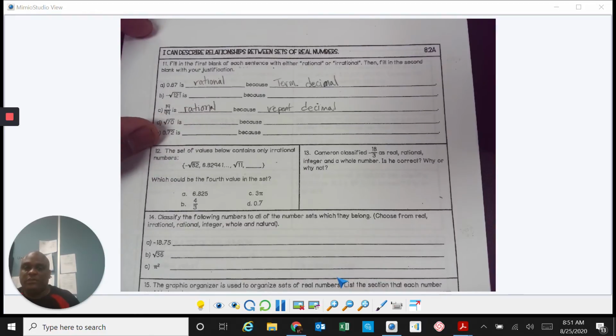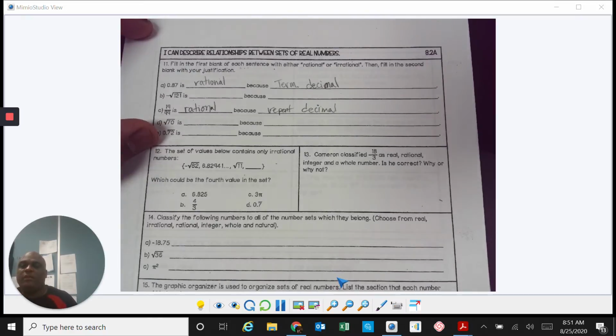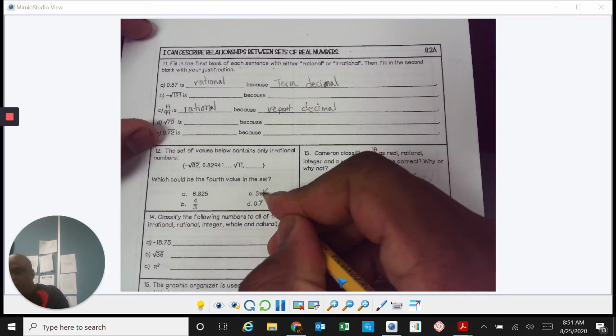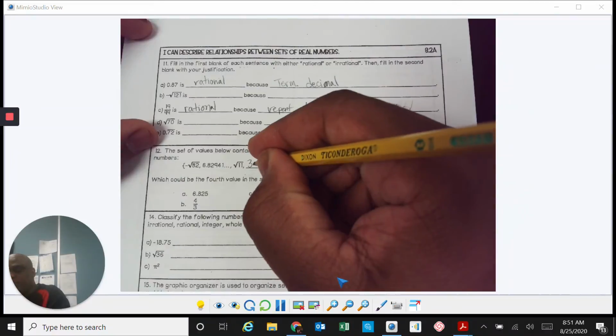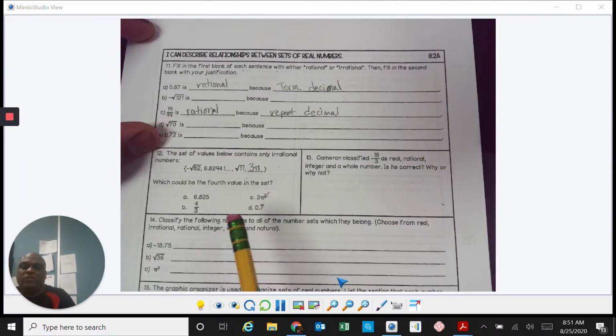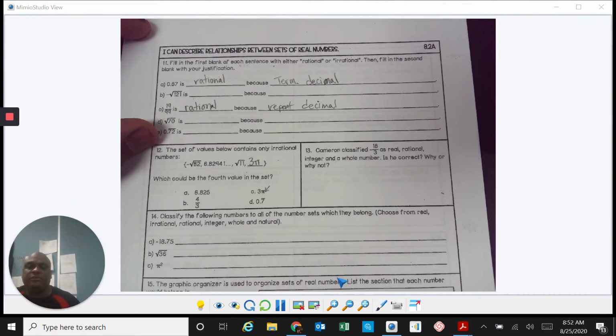You should be able to do this because there's one number, the most famous irrational number, which is pi. Anything that has pi multiplied to it will automatically be irrational. If you have 1 pi, it's irrational. If you have 3 pi's, they are all irrational. So this one will fit. The rest of these will be rational numbers.